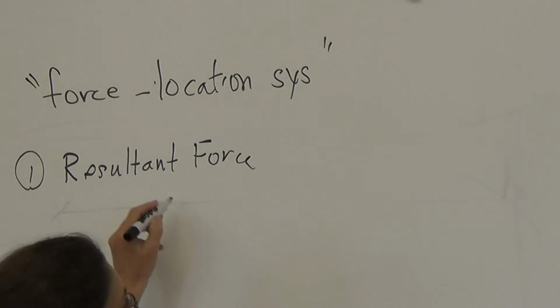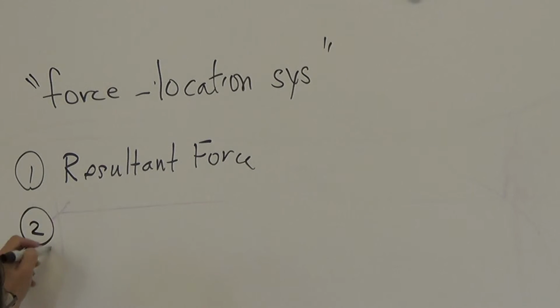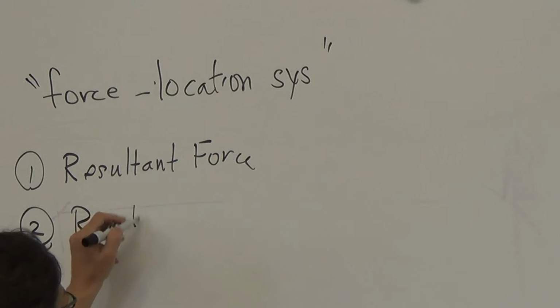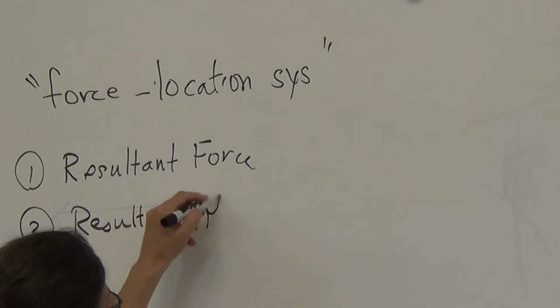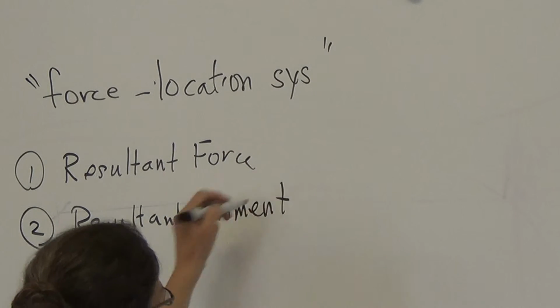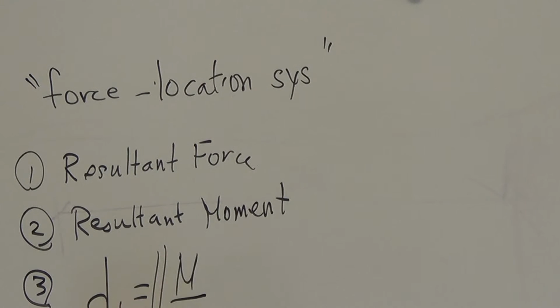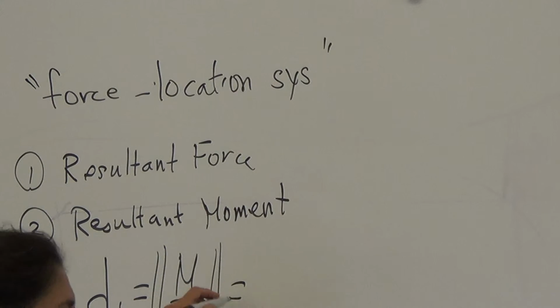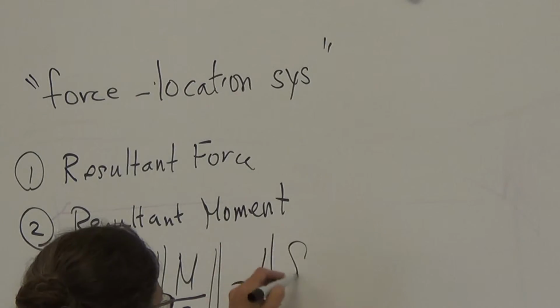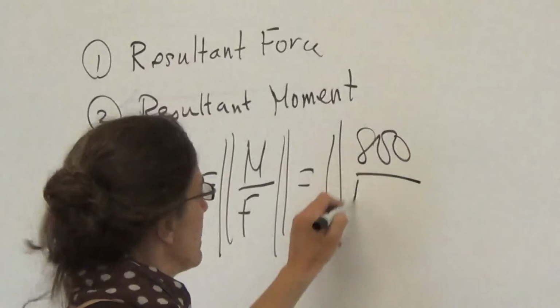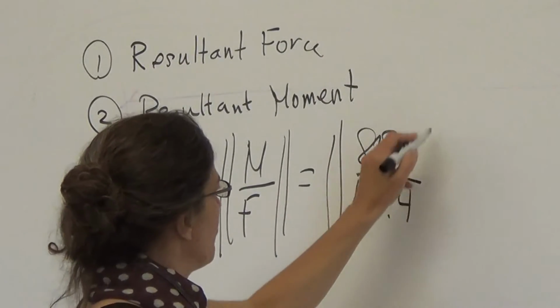And we found that it was equal to this. Second step was find the resultant moment, which we already did too, because the first part of the problem asked us for a force-moment system. Then Kyle, what's the third step? Find the perpendicular distance. Perpendicular distance is equal to the absolute value of the moment divided by the force, which is 800 divided by 141.4.